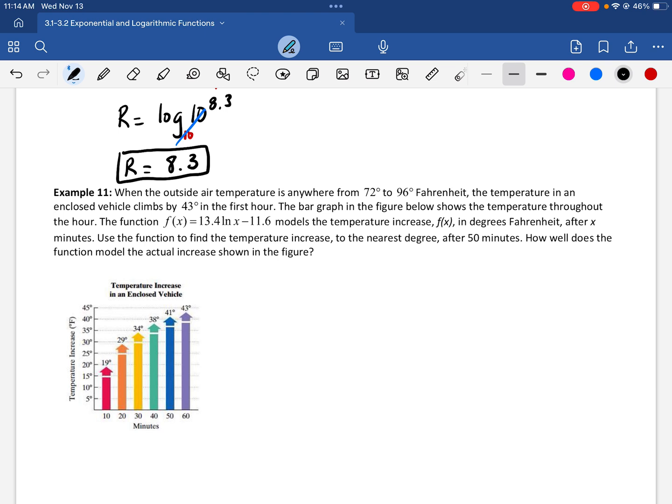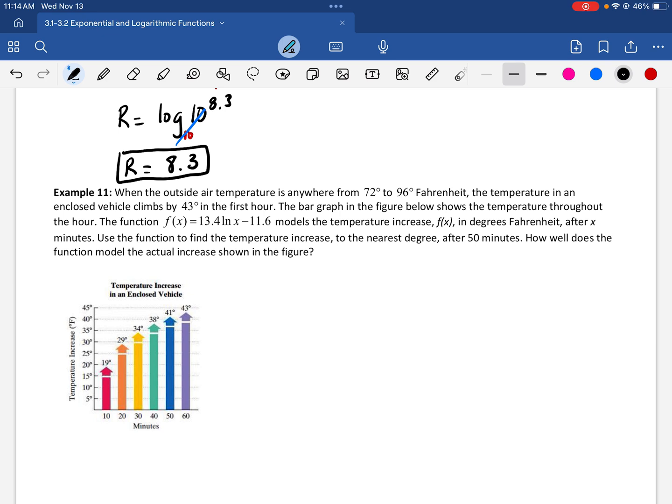All right, and last one here. It says when the outside air temperature is anywhere from 72 degrees to 96 degrees Fahrenheit, the temperature in an enclosed vehicle climbs by 43 degrees in the first hour. The bar graph in the figure below shows the temperature throughout the hour.